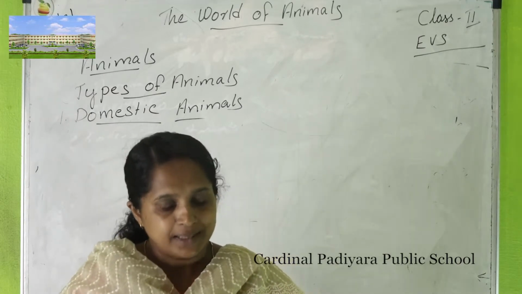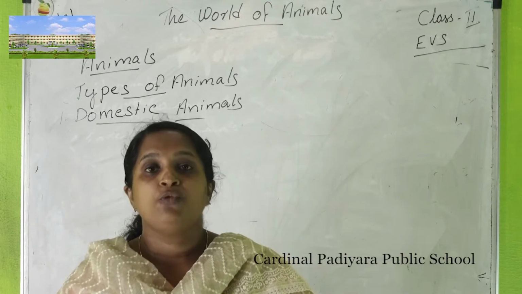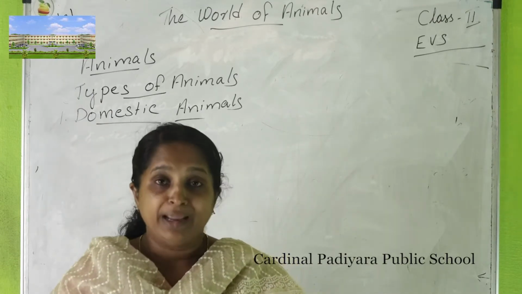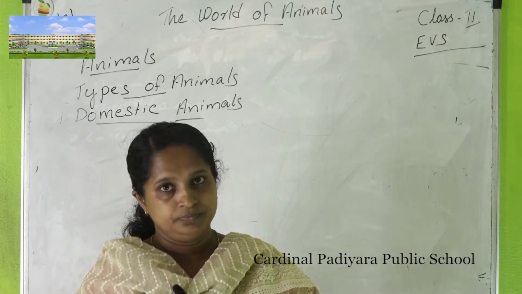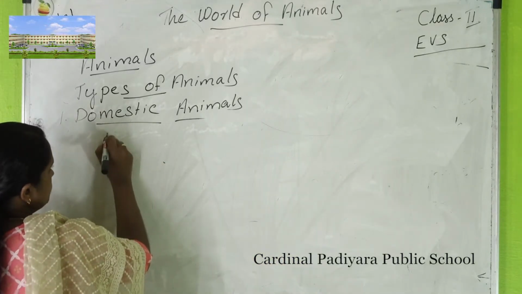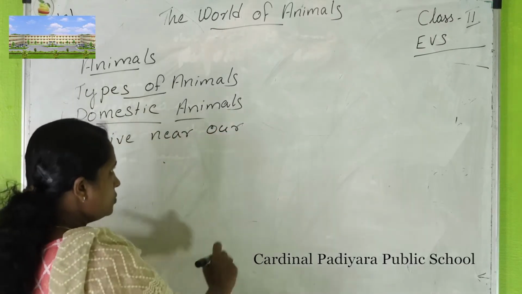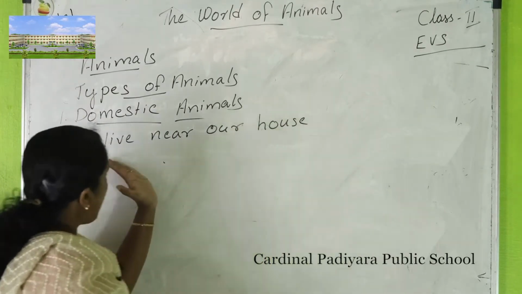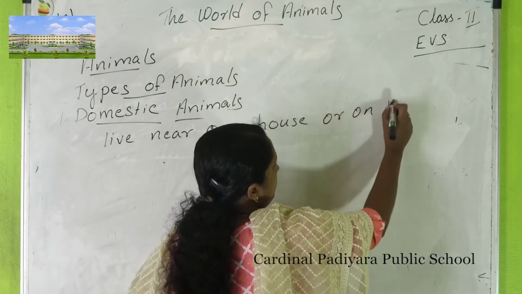Domestic animals live near our house or on the farm. Domestic animals means they live near our house or on the farm.